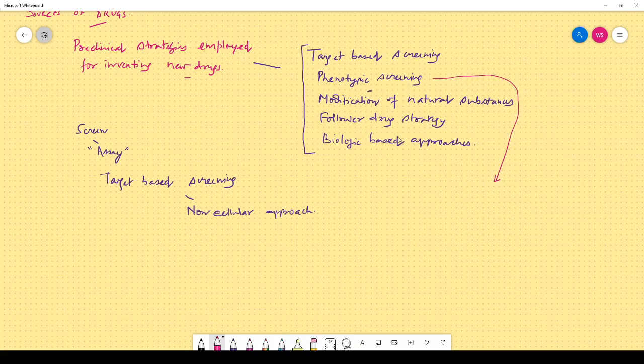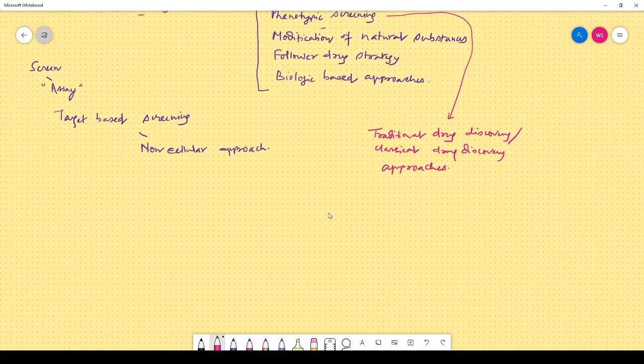This phenotypic screening is the one that has been used for traditional drug discovery, traditional or classical drug discovery approaches. Okay. So this is also called a top-down approach.